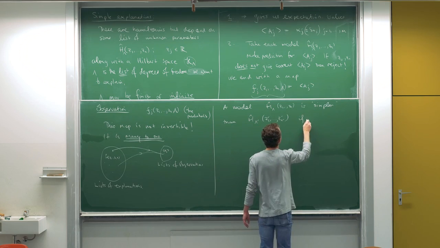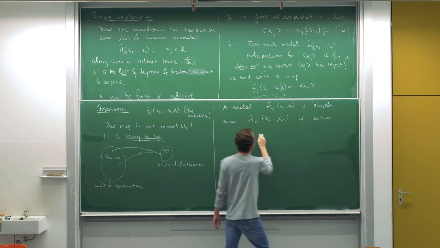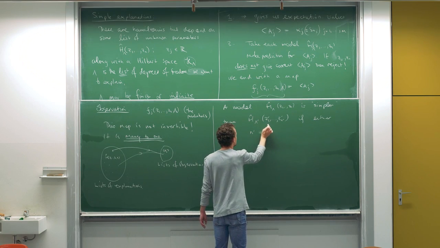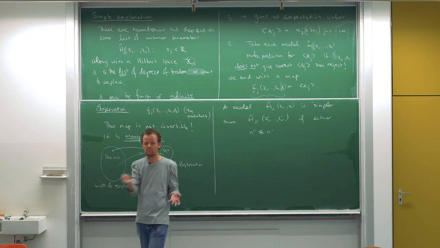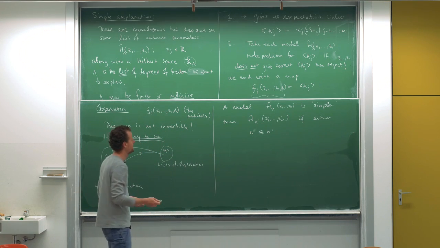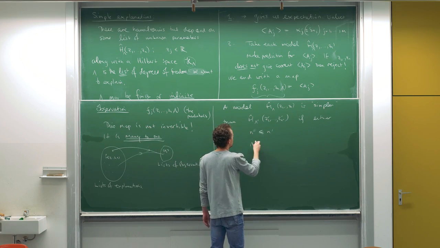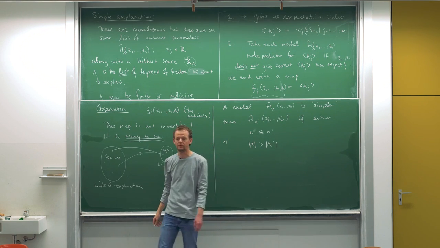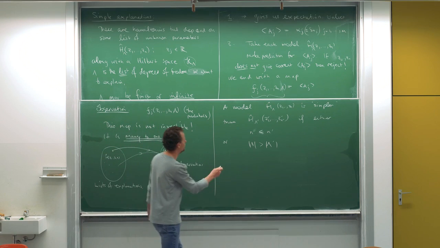If either n prime is actually bigger, so n is less than n prime, so it requires a fewer number of parameters to describe everything. Or it applies to more degrees of freedom, so the size of the set of degrees of freedom that the explanation pertains to is bigger, or both, right?